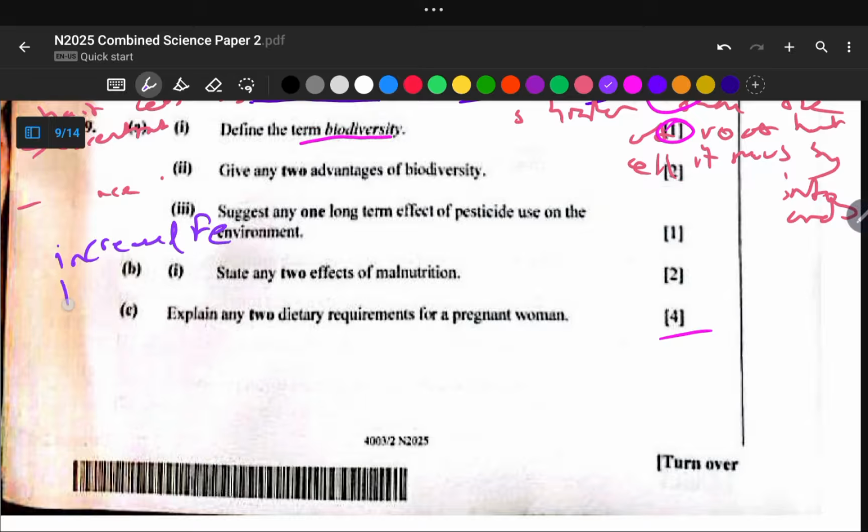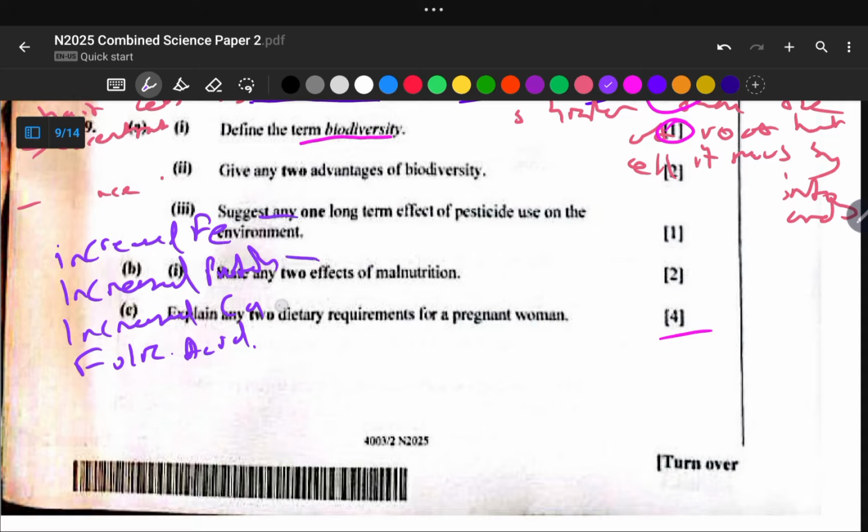And then increased proteins. We are also going to have increased calcium, and then folic acid. The next step, we are going to explain the significance of these increments, right?